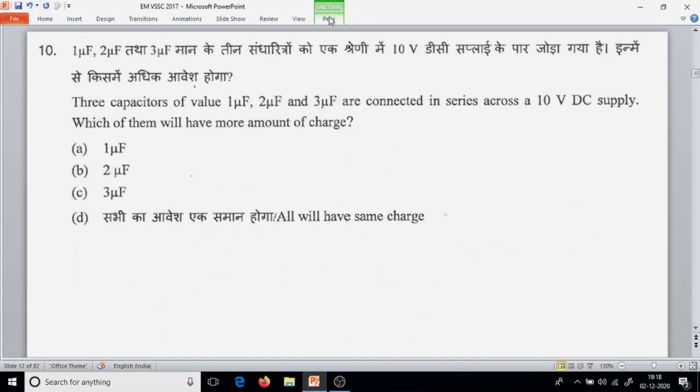Question number 10. Three capacitors of 1 microfarad, 2 microfarad and 3 microfarad are connected in series across a 10 volt supply. Which of them will have more amount of charge?